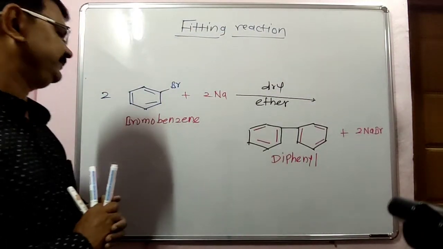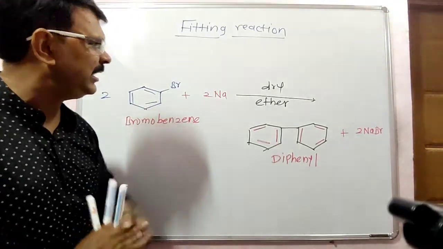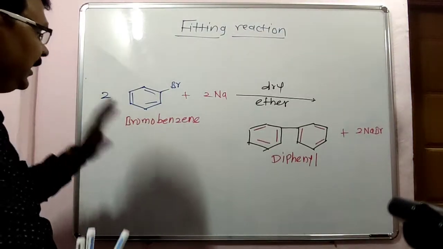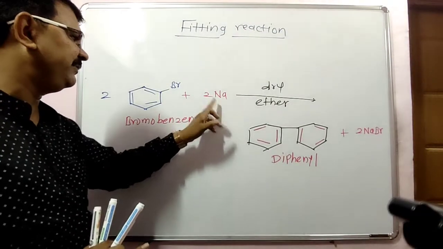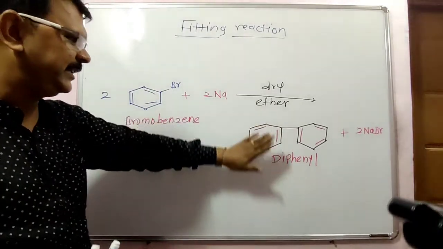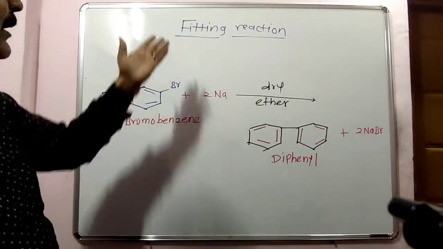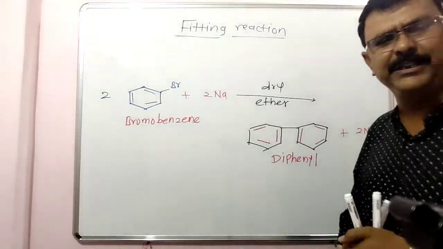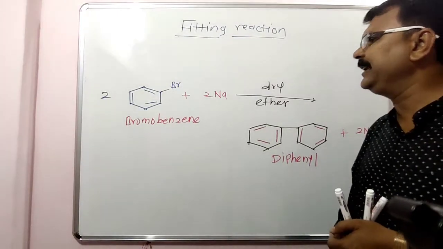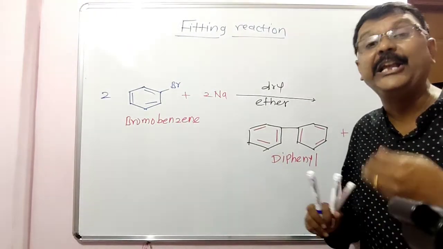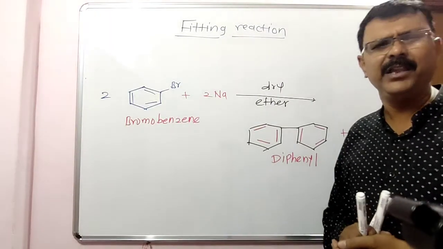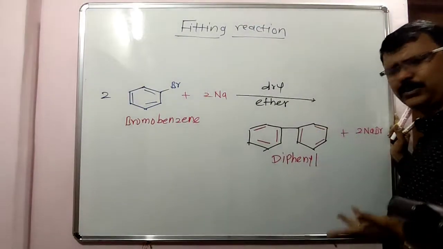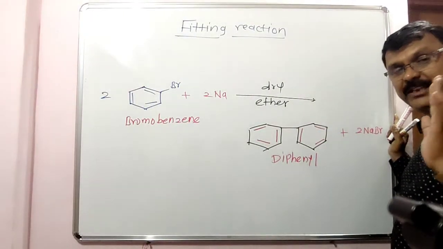Bromobenzene is reacted with sodium metal in presence of dry ether, it gives diphenyl. Repeat: when bromobenzene is reacted with sodium metal in presence of dry ether, it gives diphenyl. The Fittig reaction is a coupling reaction of aryl halides. Similarly, when chlorobenzene is reacted with sodium metal in presence of dry ether, it gives diphenyl.